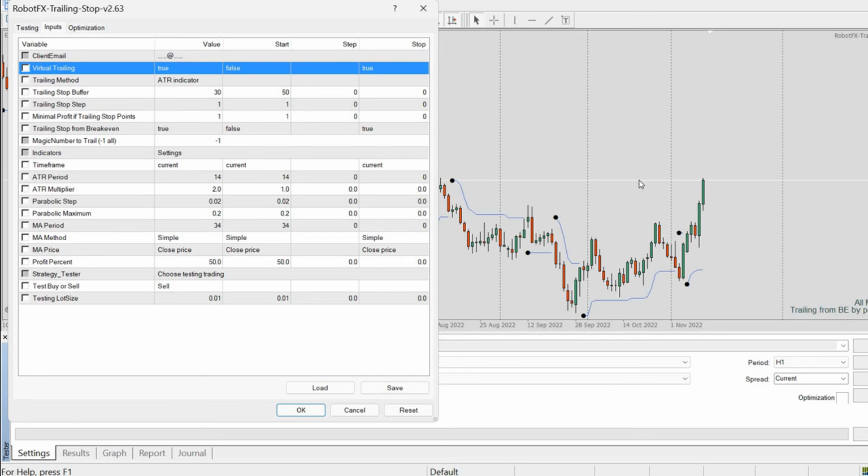It will just not be visible to you, and it will not be visible to the broker as well. As opposite, if you set it to false, then the expert advisor will trail the price, but it will place the classic stop loss on the chart and drag it as the price moves. And if you can see it on the chart, so does the broker.